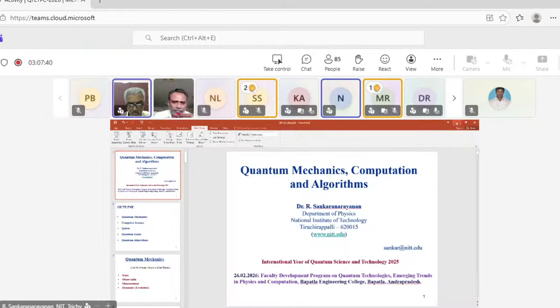But with the help of entanglement, it is possible to send one arbitrary qubit to another person. My question is, once we send the qubit to the other person, can we have the same qubit with me also, sir? Can I send the same qubit to another person after some time?